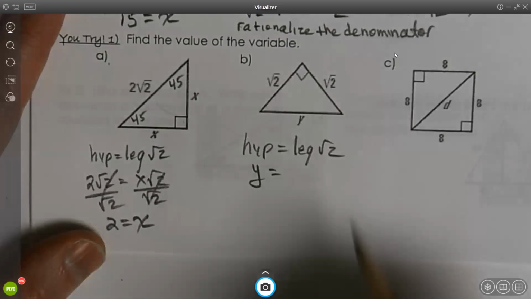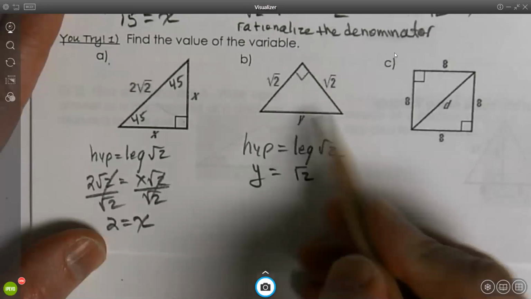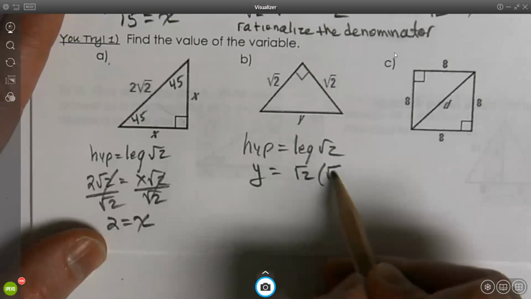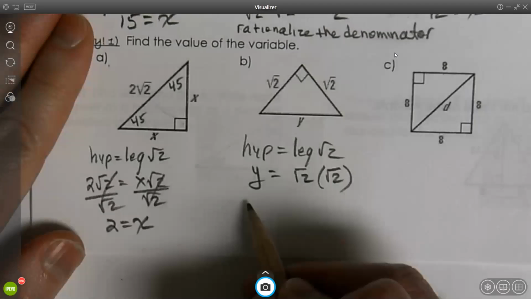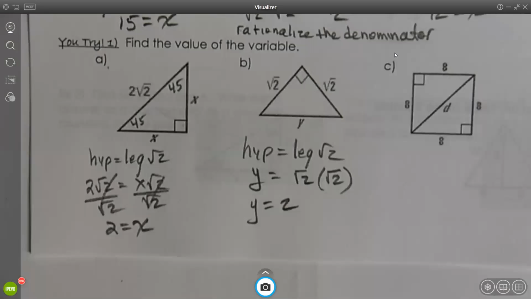The leg is root 2. We're timesing it by root 2. All right, they're not all the same just because there's a root 2 involved. It's still root 2 times root 2, which is the square root of 4, which is known as 2. When you square root, you get the number that's inside.